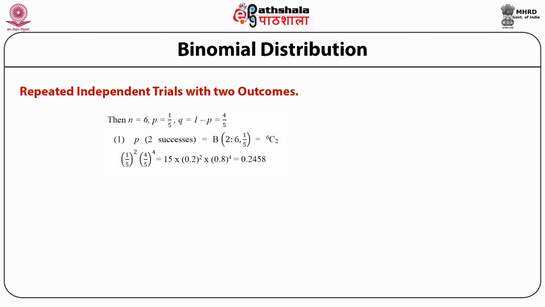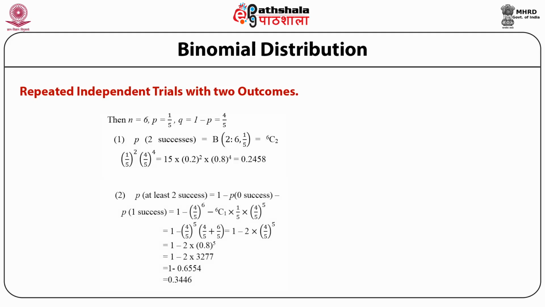So n is equal to 6 here, p is equal to 1 by 5, and calculate q by subtracting p from 1. The probability of 2 successes is nCr p raised to power r, q raised to power n minus r, by following this formula, and the value of r is 2.